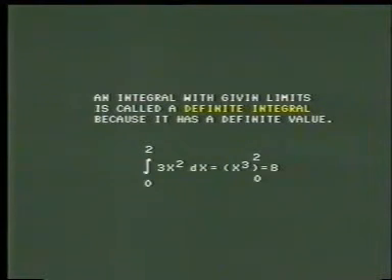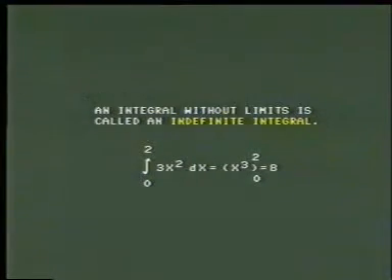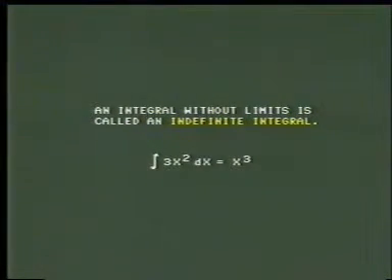An integral with given limits is called a definite integral because it has a definite value. Integral of 3x square dx as x varies from 0 to 2 is equal to x cube, x varies from 0 to 2, which is equal to 8. An integral without limits is called an indefinite integral.